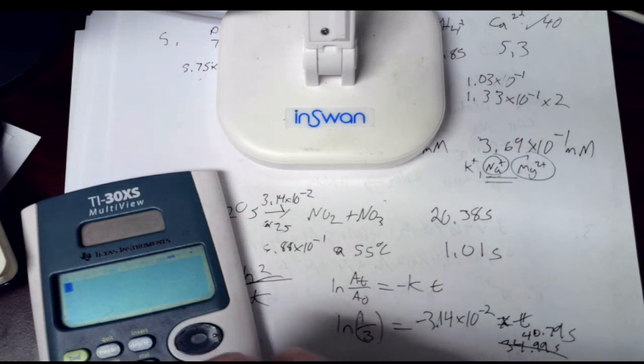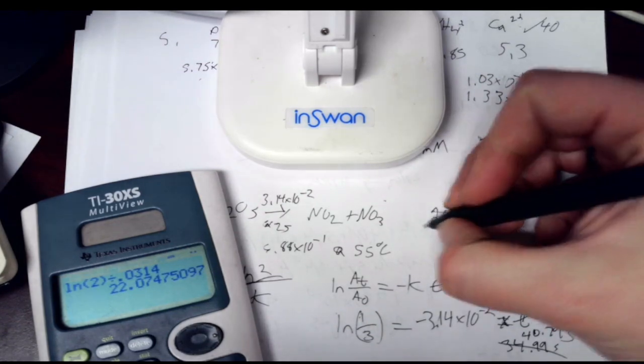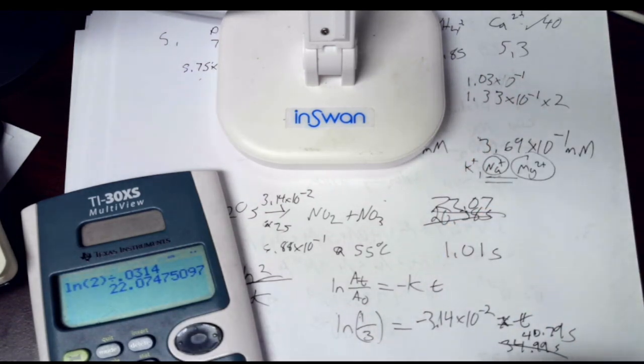Let me see. ln 2 divided by 0.031. Oh, that's why. That's 22.07. Typo somehow. But so 22 seconds. 2 half-lives would be 44 seconds or thereabouts.